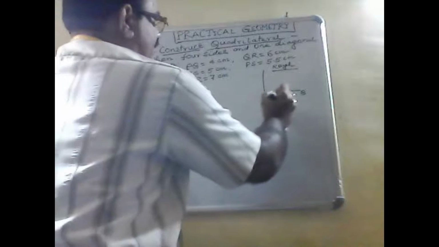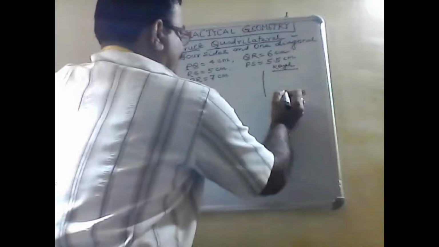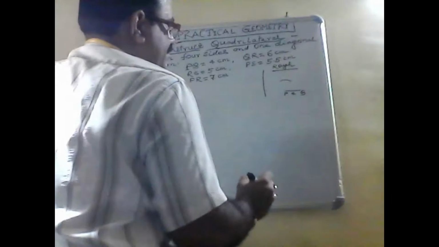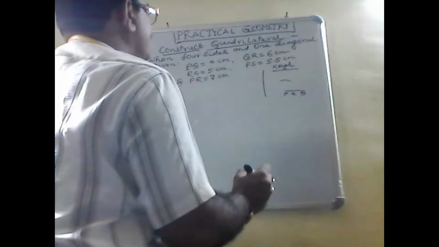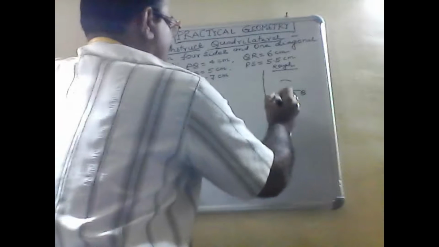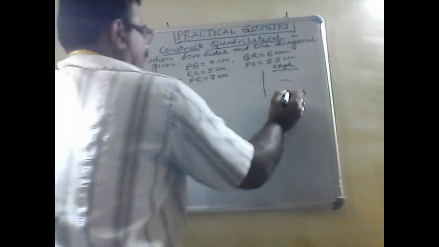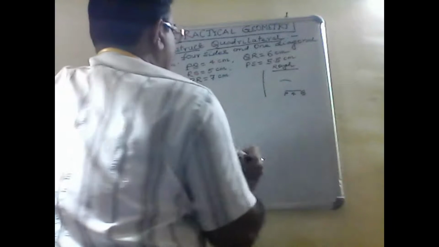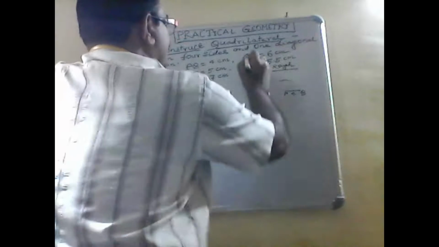So it is very clear that 4 sides and 1 diagonal have been given. You can take PS as 5.5 from here, you can cut one arc, that is maybe the PS. QS has not been given, QR has been given. So what you will do, you have to cut PQ as 4 cm and RQ, that is 6 cm.